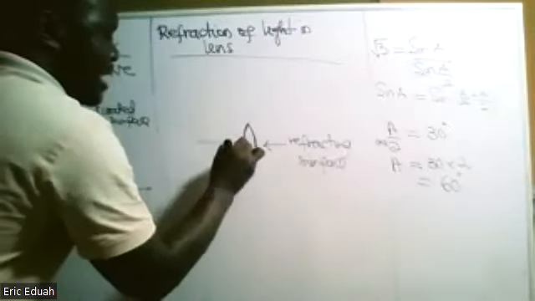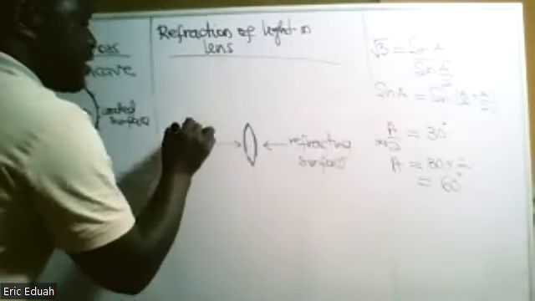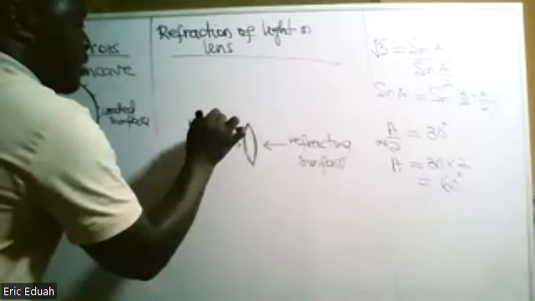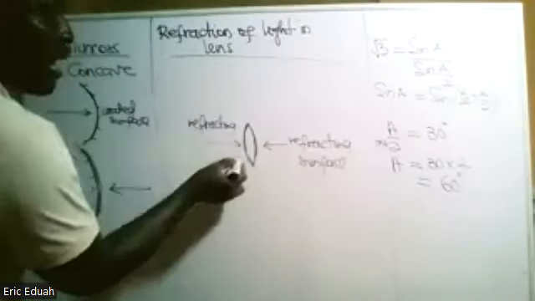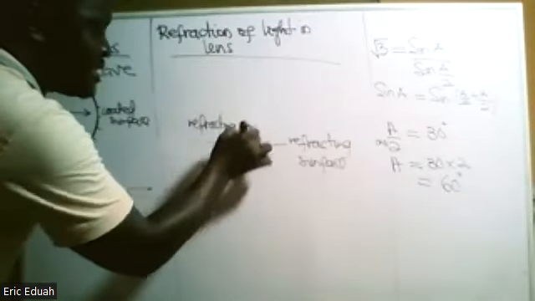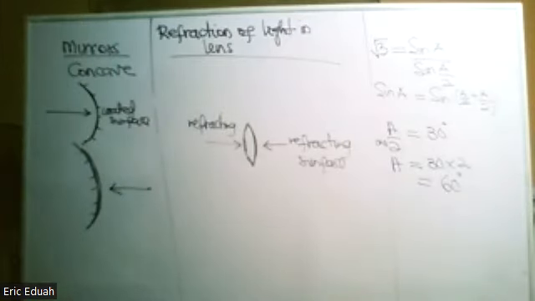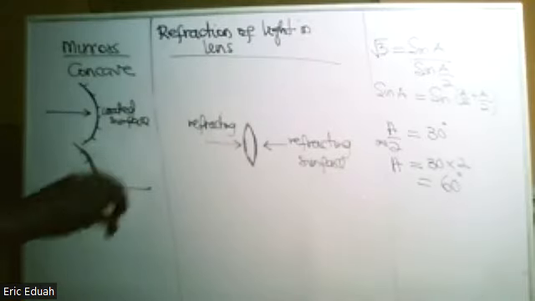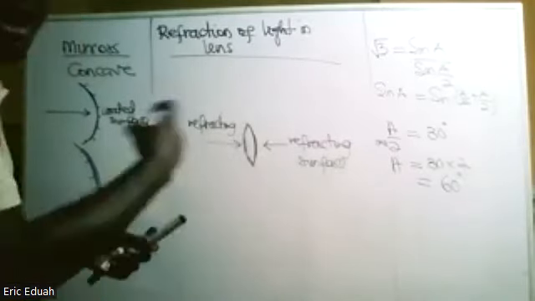This is another refracting surface. How would you describe these refracting surfaces? Are they curved outwardly or inwardly? Outwardly. So this one and this one, they all curve outwardly.